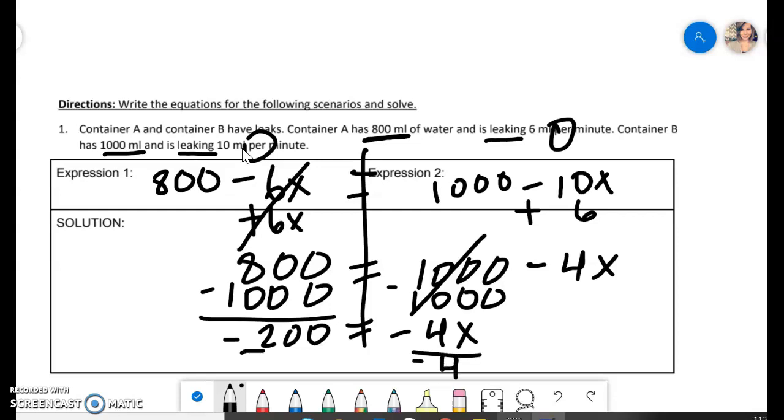Divide by negative 4 on both sides. You use your calculator again. We know that a negative and a negative make a positive. We can use Nacho Man for that. And you should get 50. And then the 4's are gone here, so x equals 50.